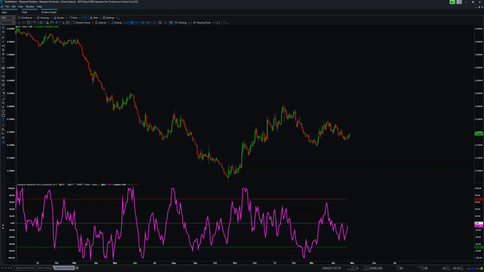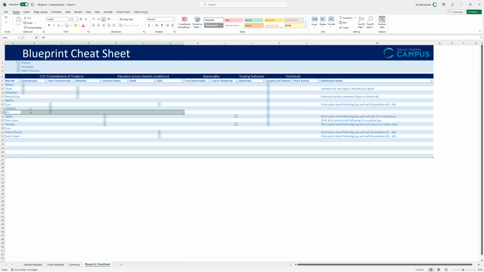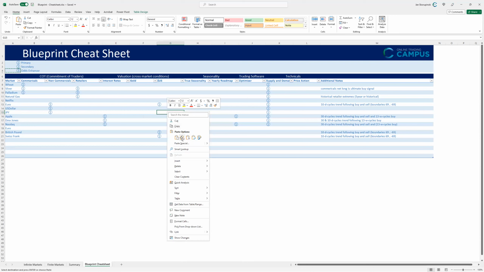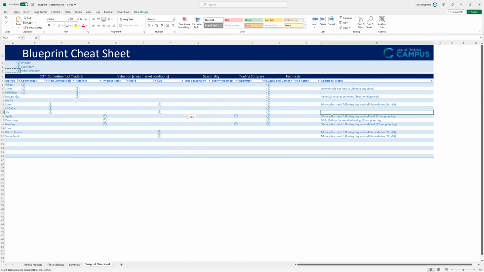So if I'm going to put this here on the Japanese yen, what I would say is it's either an odds enhancer if we apply it with the right context, or it's a secondary tool, right?